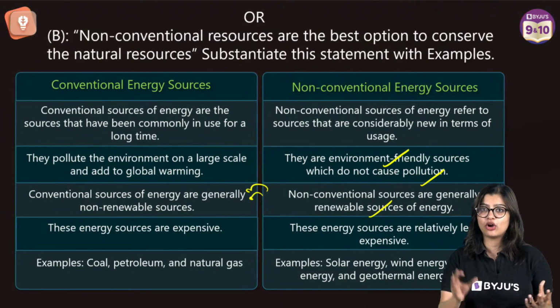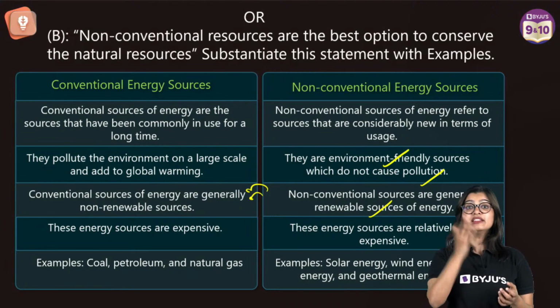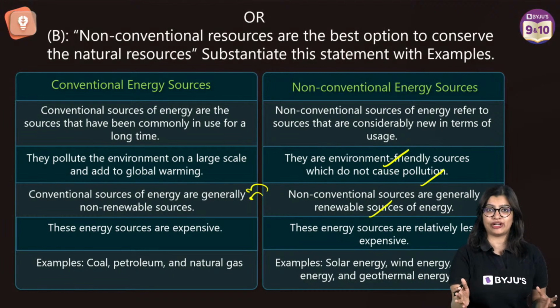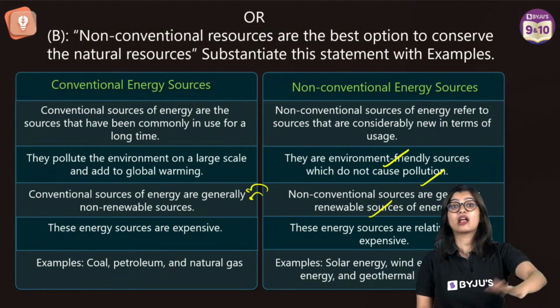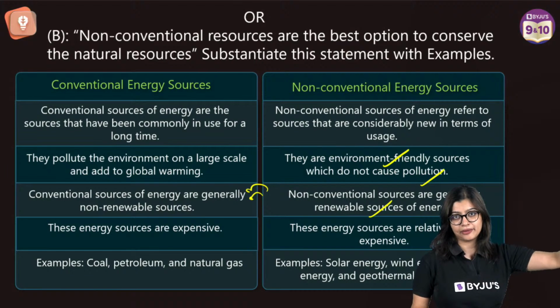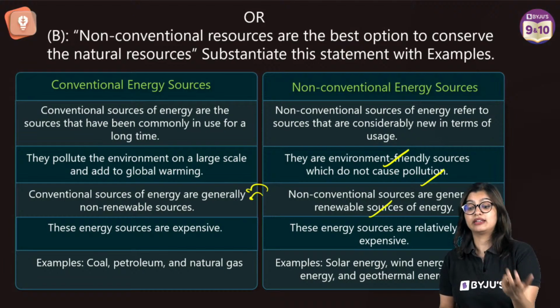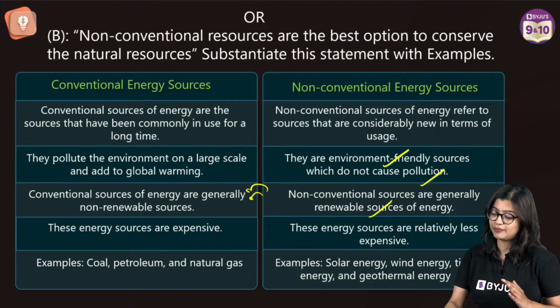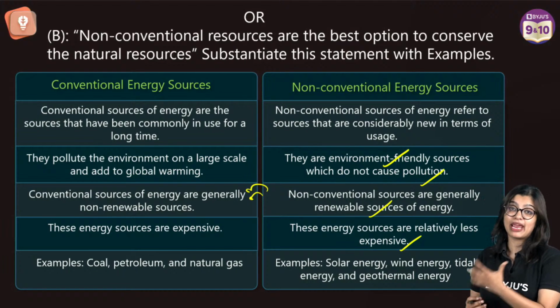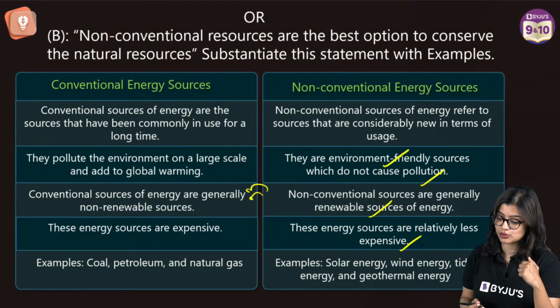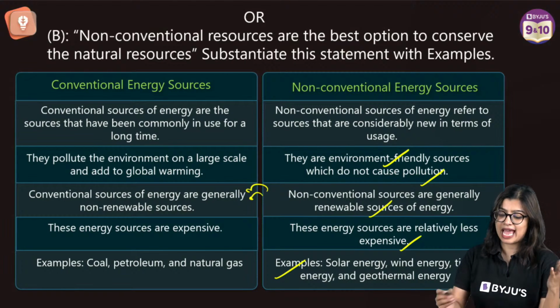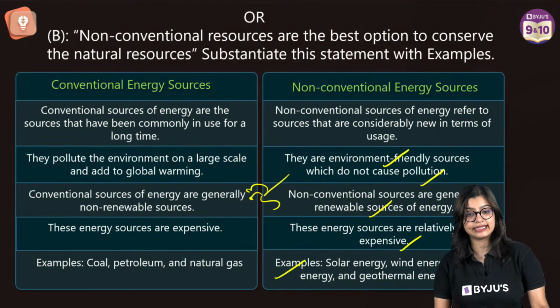Your coal, petroleum and all, at one point there are chances that we may run out of it or may not have enough because they take a long period of time to be produced. As a result, we see that these are renewable and can be made relatively less expensive also. So you can give some examples and you can write 5 points easily.